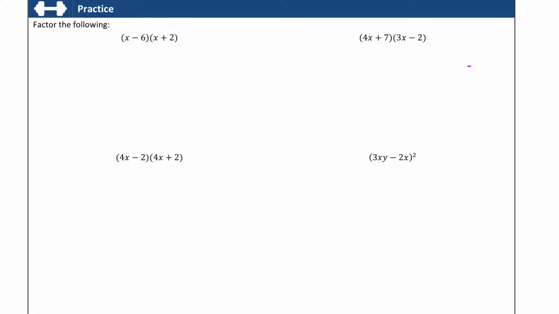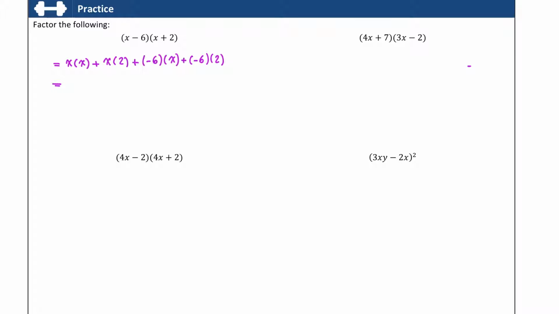Okay, for the very first one over here, my first terms are x and x, plus my outside terms are x and 2, and then my inside terms are -6 and x, and my last terms are -6 and 2.